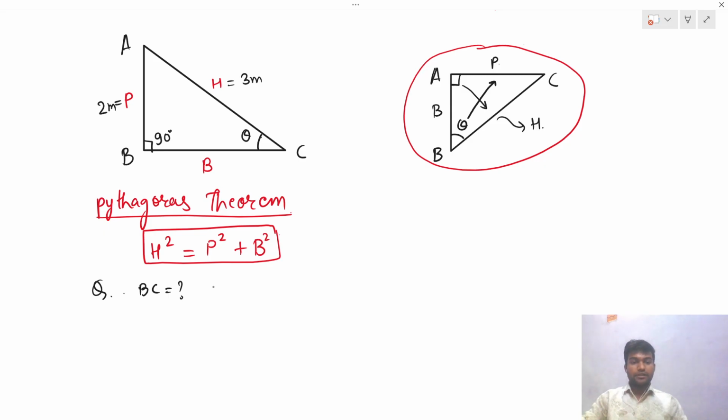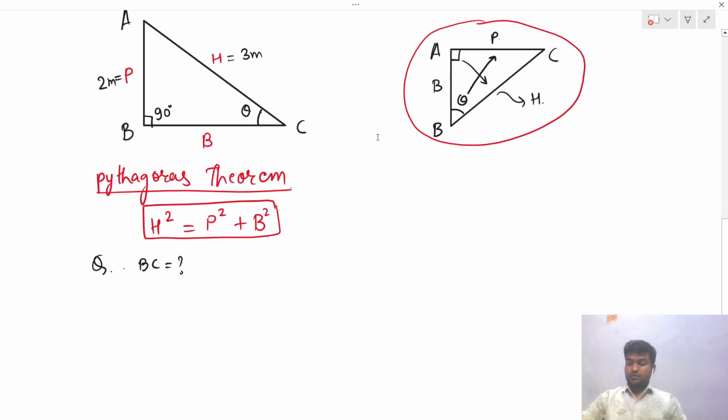Two sides are given, so we can apply the formula here. Hypotenuse square is equal to perpendicular square plus base square.